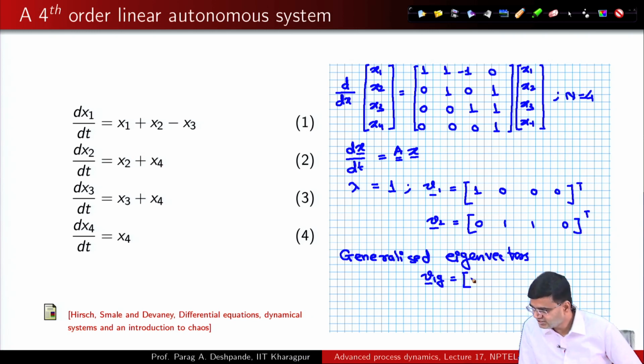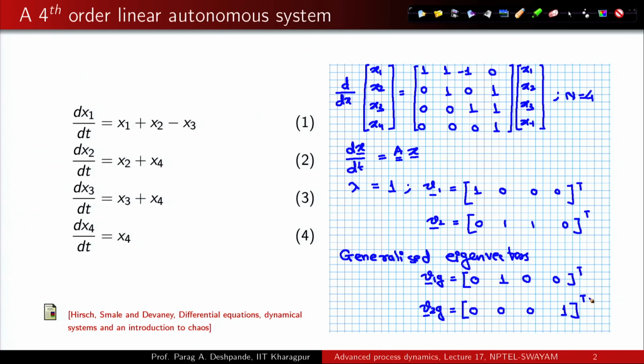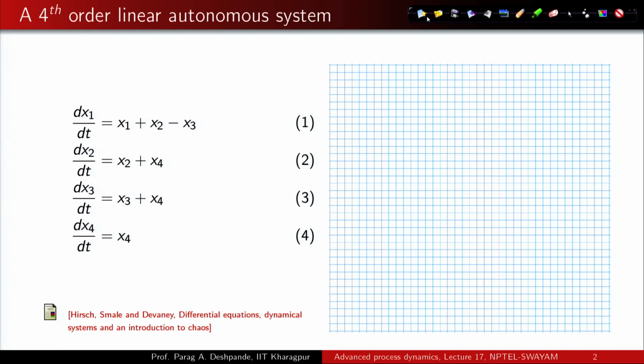So, v 1 g is 0 1 0 0 transpose, and the generalized eigenvector v 2 g, which I would get from the second eigenvector, would be 0 0 0 1 transpose. Okay. So, now I have 4 eigenvectors which are available with me. Let us see how we proceed from here.